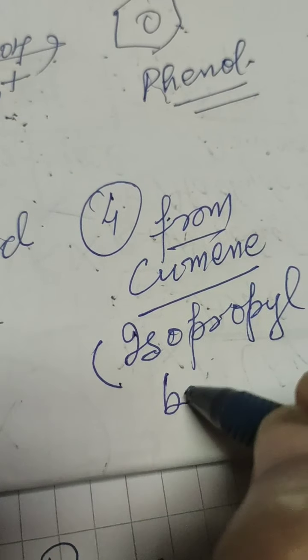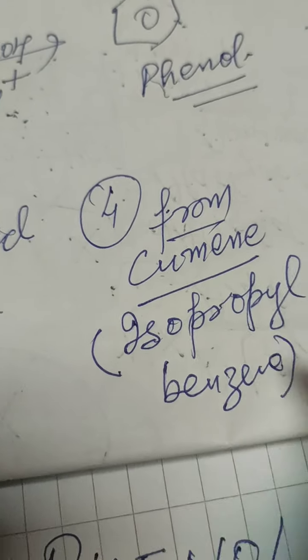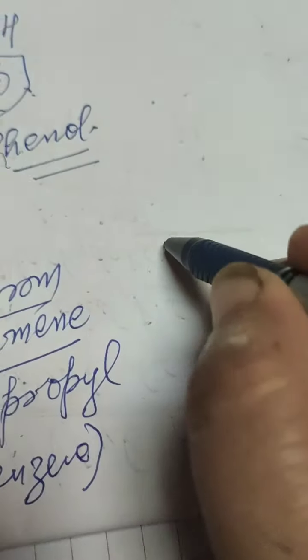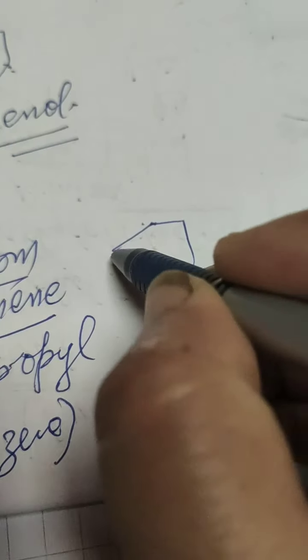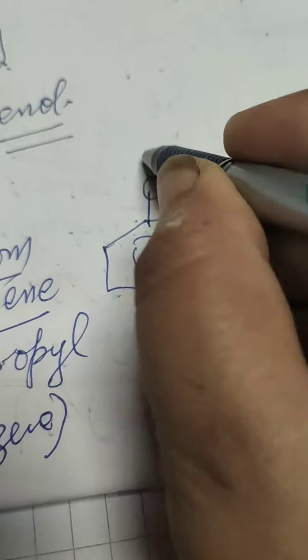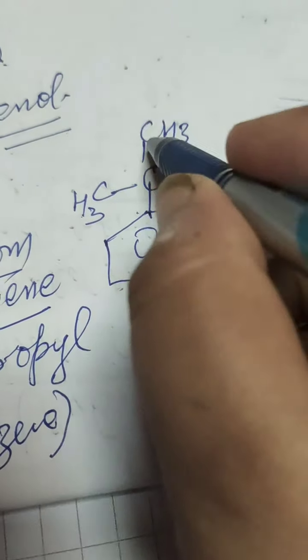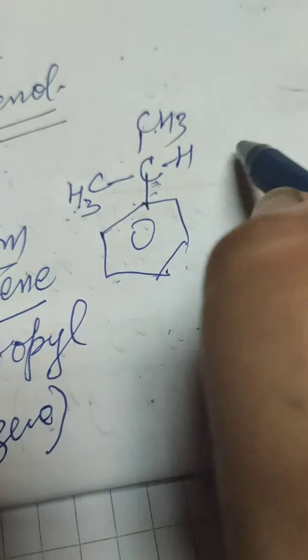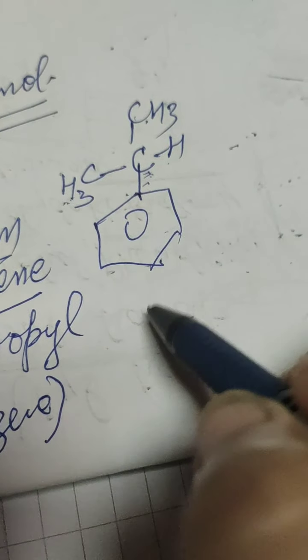The formula for cumene has an isopropyl group; meth, eth, prop, 3 carbon atoms are present here. If I write these carbon atoms in a straight chain, then it is normal propyl. Here it is isopropyl. So this is isopropyl benzene.